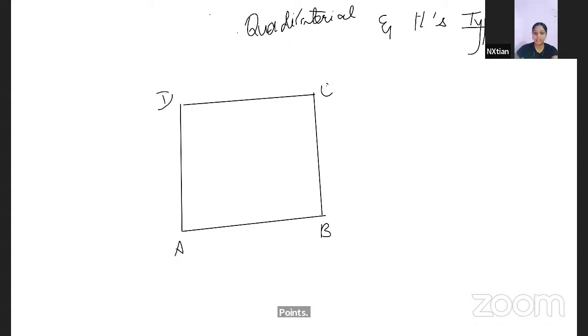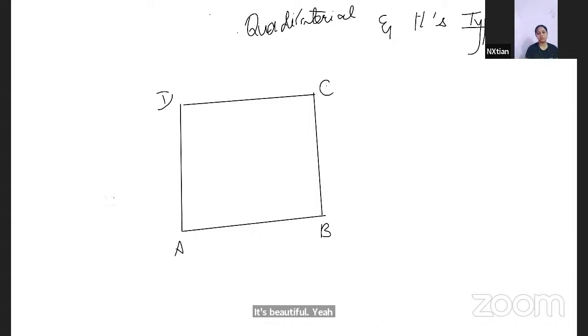This is a quadrilateral, quadrilateral ABCD. So it's a four-sided plane figure, a four-sided closed figure, that is a quadrilateral. Now, this quadrilateral is made up of four line segments.